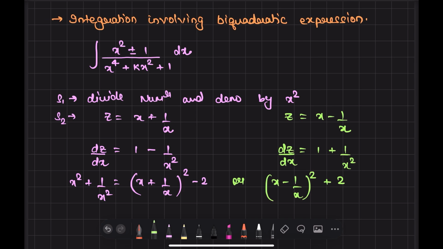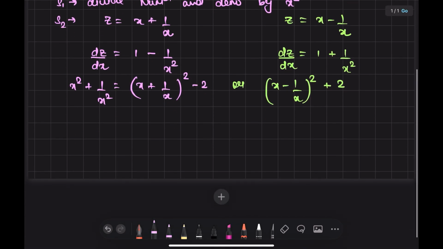Now, sometimes in the numerator you will be having only x square, or sometimes you will be having only 1. Then how will you encounter this situation?